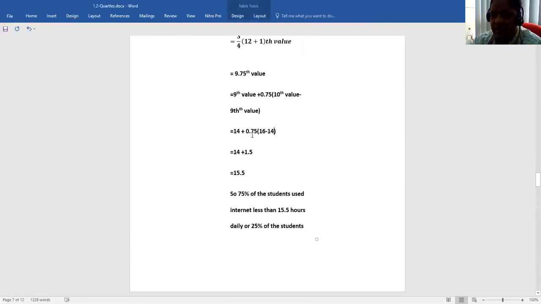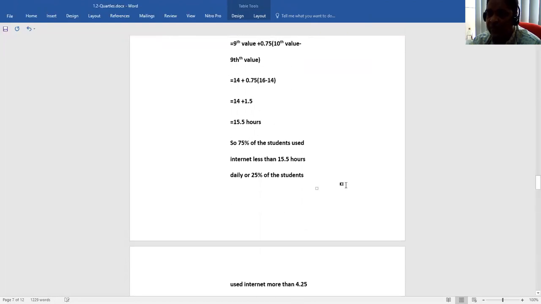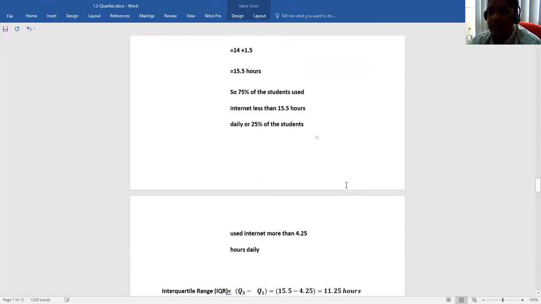If you do the calculation, you will get 15.5 hours. So from the definition, we already know for the third quartile, 75% of students use the internet less than 15.5 hours daily, or 25% of students use the internet more than 15.5 hours daily.